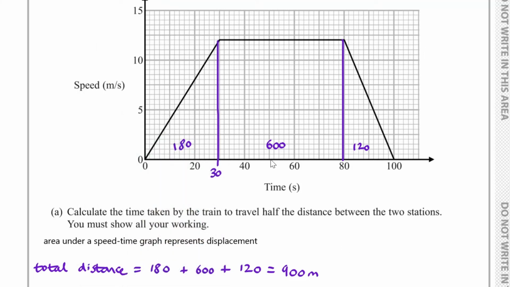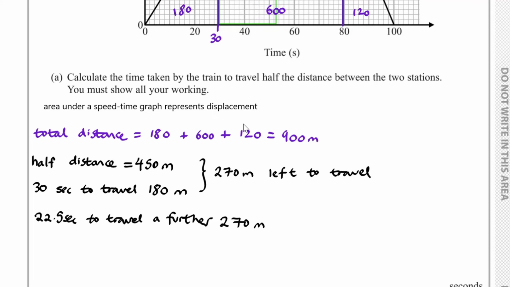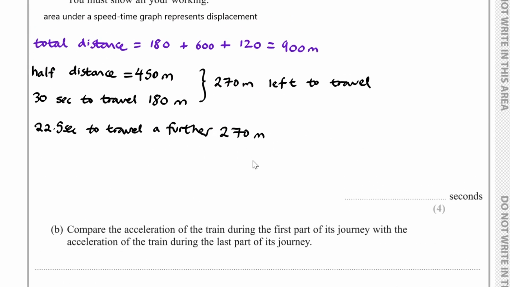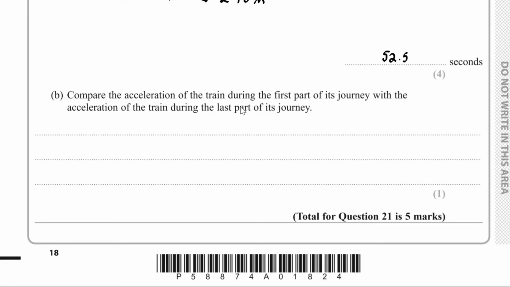Well, we've got 50 over here, and then we've got 52.5, that's over here. Okay, so this over here, which I've shown in green, is the 270 meters which are left to travel. Okay, so hopefully that makes sense, and therefore the total time, so this over here takes us up to 52.5. So therefore the total time is 52.5 seconds.